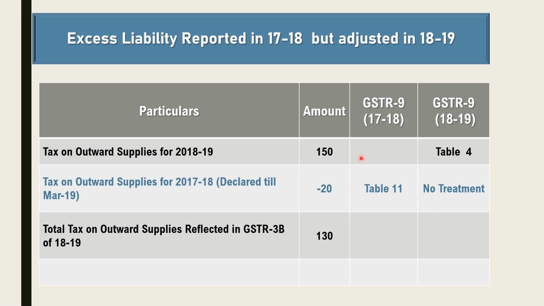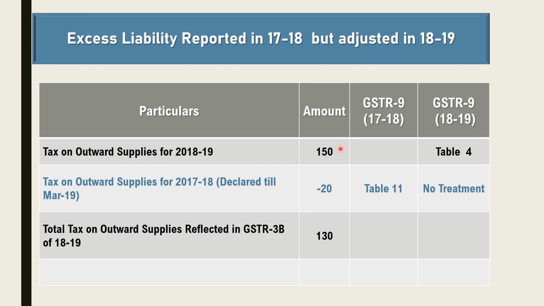Therefore, applying our rationale that GSTR 9 of 18-19 should only contain figures of 18-19, there would be no treatment of this 20 rupees in table 4 of GSTR 9. So my annual return table 4 of GSTR 9 of 18-19 would only contain figures of 150 rupees, and this 20 rupees would have no impact on GSTR 9 of 18-19.